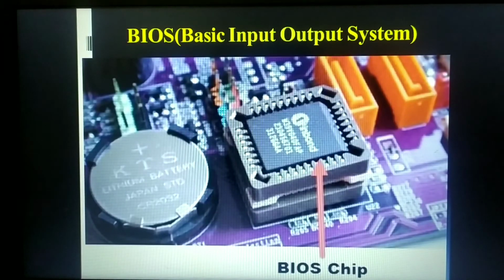So this BIOS chip consists of all the hardware instructions, checks whether all your hardware devices like your keyboard and mouse are working properly or not, and sends instructions to start all those external devices. Once they pass those tests, you hear one beep sound, and then you can see Windows on your monitor. That means the operating system is successfully loaded into your computer system. So those operations are all performed by the basic input output system.